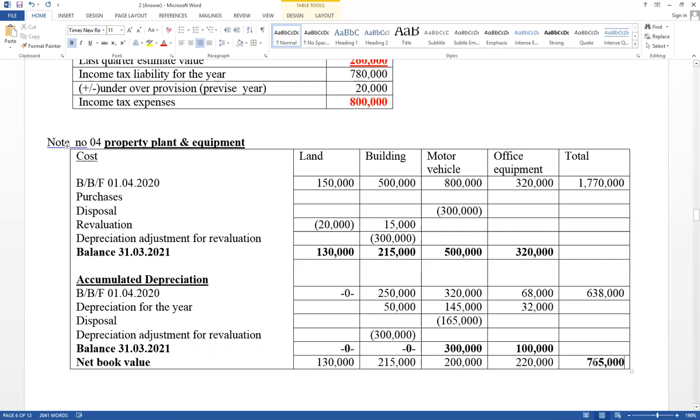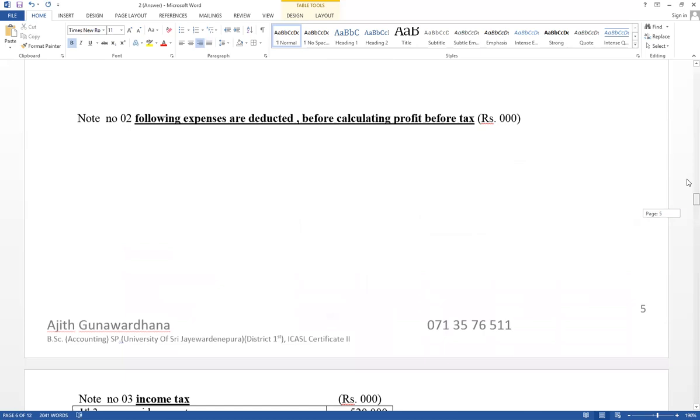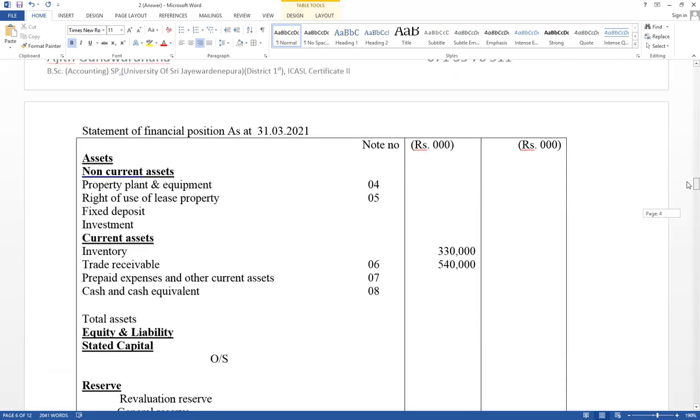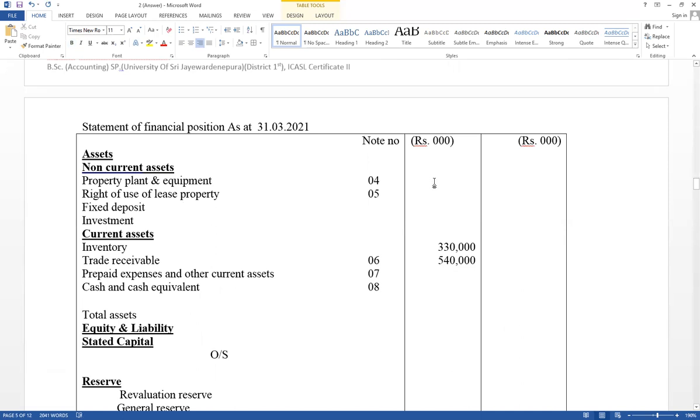Therefore, the PP total value equals 765,000. That is the value that should be included under non-current assets as property, plant and equipment. Here, note number 4, 765,000, the total value should be included.